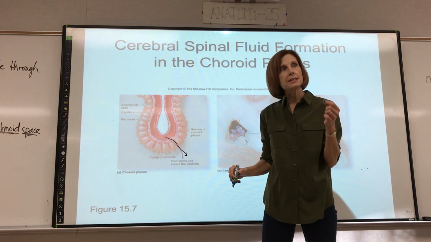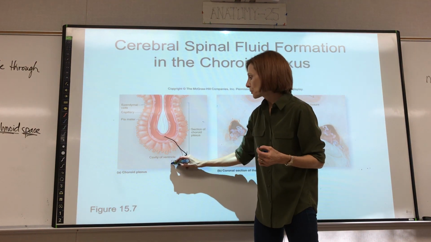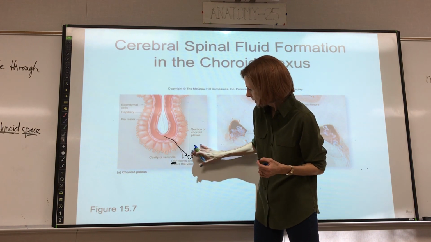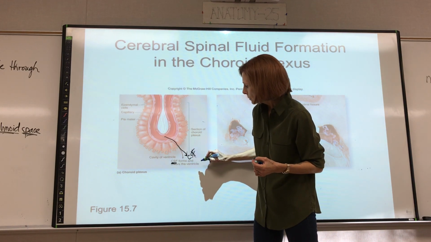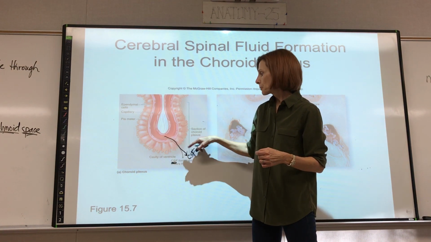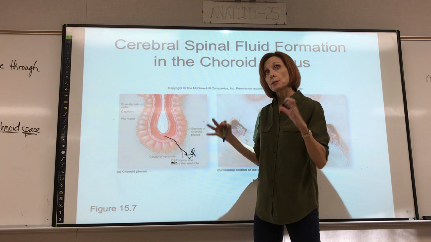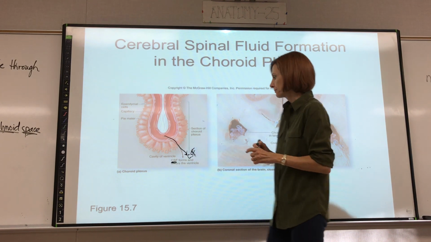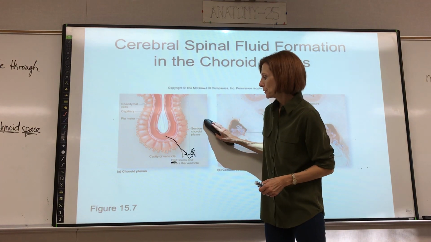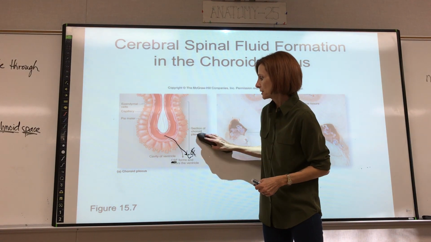Once that blood plasma is in the ventricle, we call it cerebrospinal fluid, okay? So here it's blood plasma, but here, because it's in a different space, we call it cerebrospinal fluid. It's very similar to blood plasma in composition.